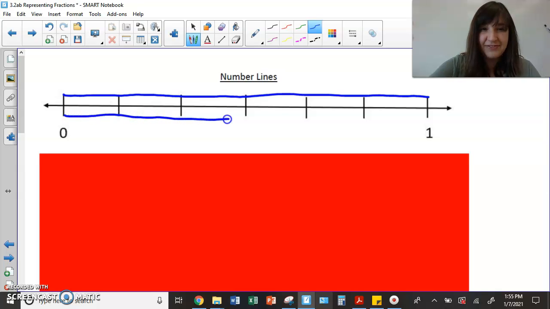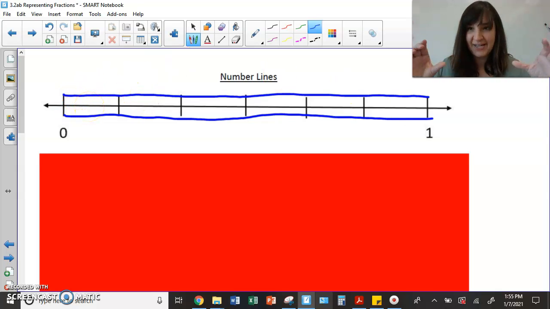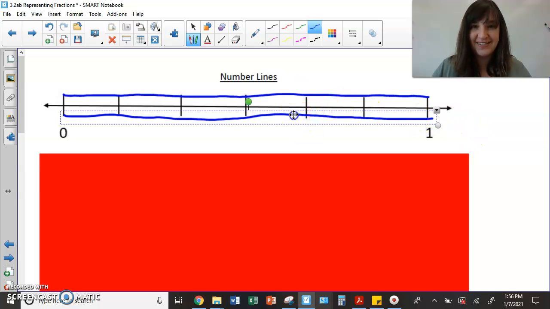This is not something you have to do, but it helps me to visually see that now I have these rectangles, okay? And so I'm going to count this as 1 rectangle, 2 rectangles, 3, then 4, then 5, then 6. So what this tells me is that this number line is divided into 6 equal pieces between 0 and 1. So that means that each one of these points, these lines, represents sixths.